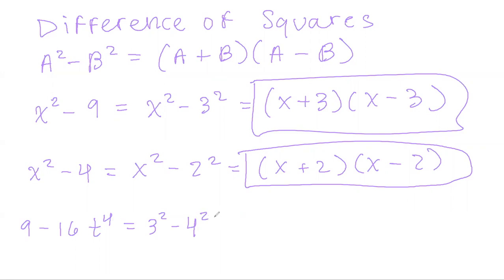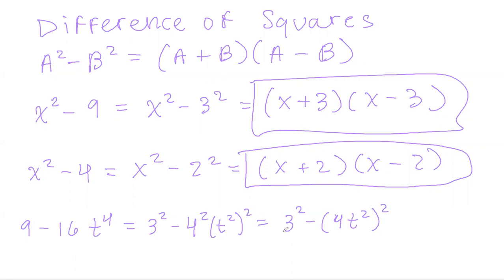T to the fourth is the same thing as saying t squared squared. So I'm going to condense this a little bit and say minus 4t squared squared. You see, because when the squared is on the outside of these two, it allows me to have the 4 and the t squared being squared. So we can see the equivalency from what we have here originally to here.